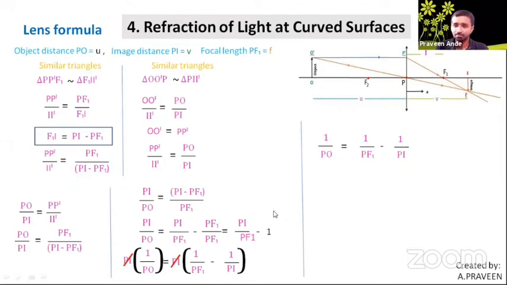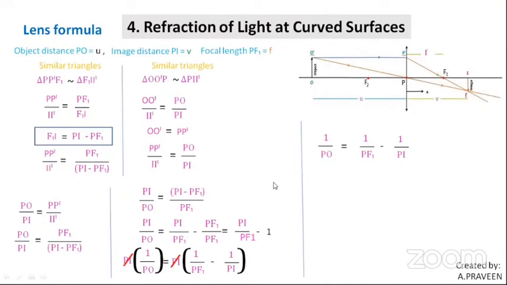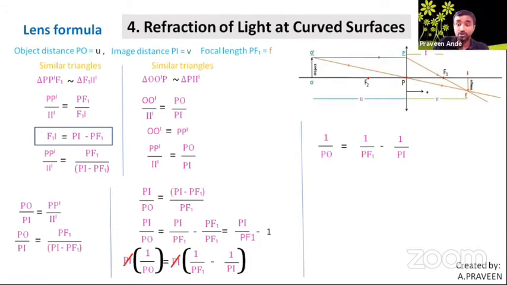Is it clear? But remember one thing: here I assumed a particular situation, right? To generalize this relation for any ray diagram, we have to use the rules of sign convention. We require the rules of sign convention. So let me apply those rules of sign convention.